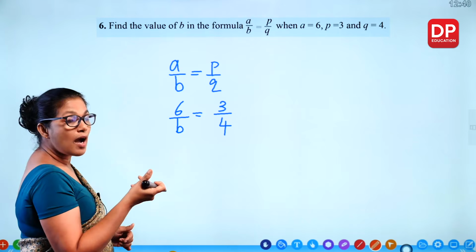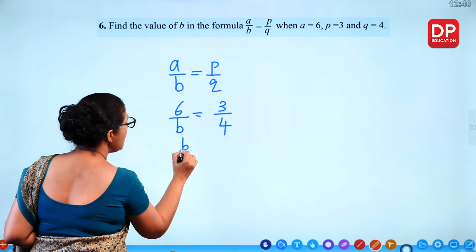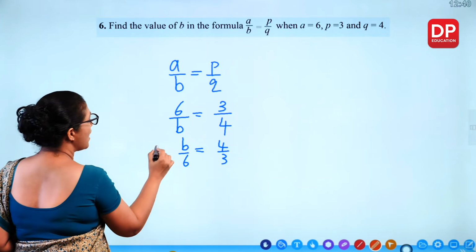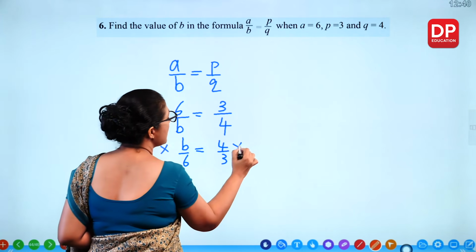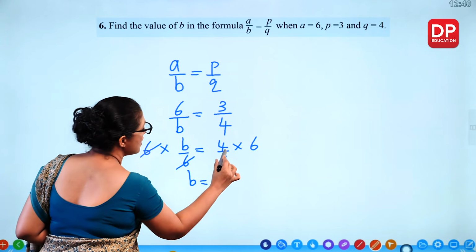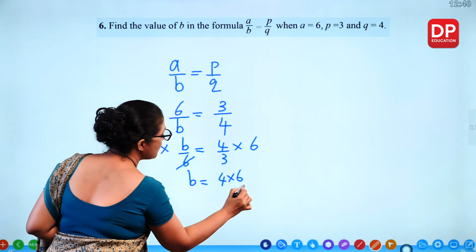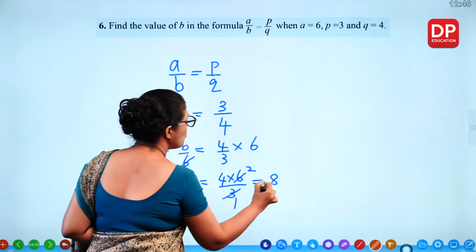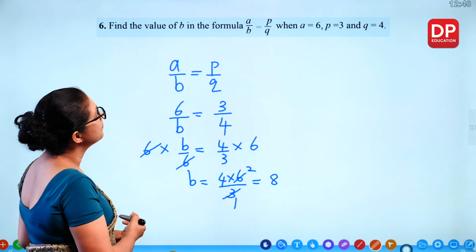Now when you take the reciprocal, b over 6 becomes 4 over 3. Now multiply both sides by 6. So what's the b value? B becomes 4 times 6 over 3. That's 4 times 2, 8.